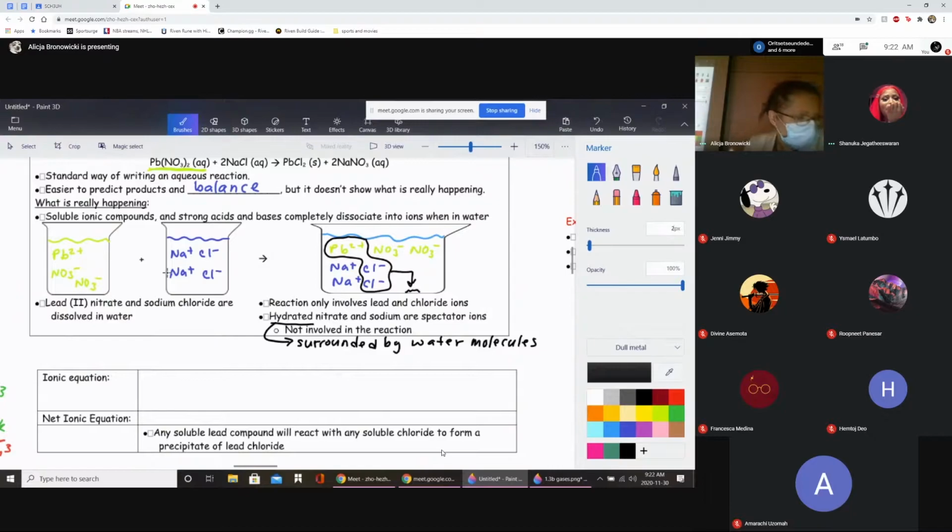Okay, so let's take a look and see how we would write out what's going on with these ions. Over here, I have Pb2 plus aqueous, plus 2 NO3 minus aqueous, plus 2 Na plus aqueous, plus 2 Cl minus aqueous.